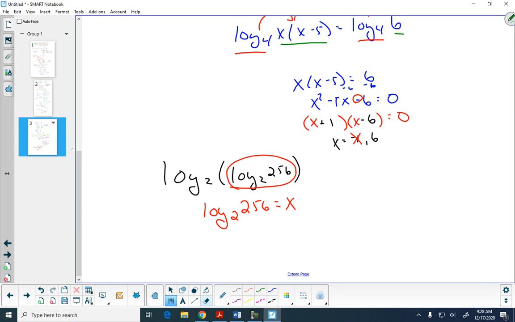Preston, what would that be exponentially? Would the 256 be in front? Would it be 256 to the x? Now, what's my base? What's my exponent? What's my value?